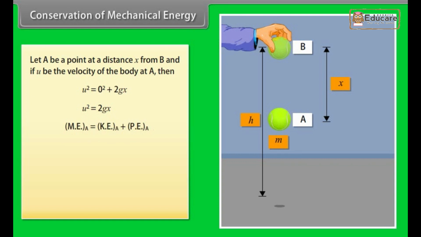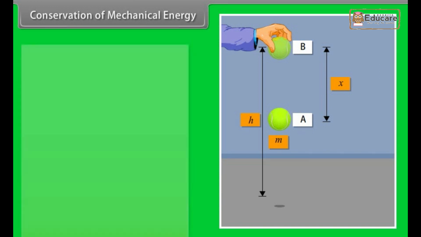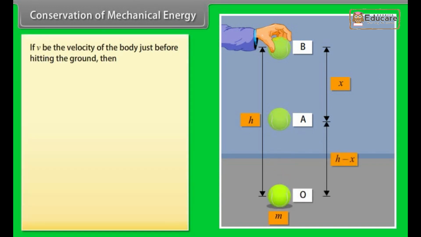Mechanical energy of the body at A is equal to kinetic energy of the body at A plus potential energy of the body at A. By calculating it, we get the mechanical energy of the body at A is mgh. If v is the velocity of the body just before hitting the ground, then v square is equal to 2gh.